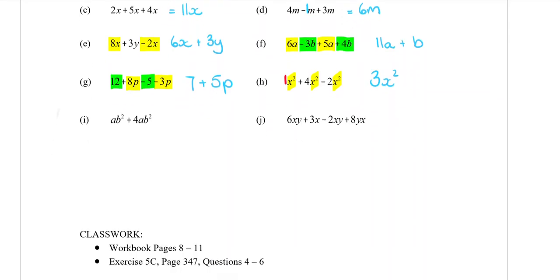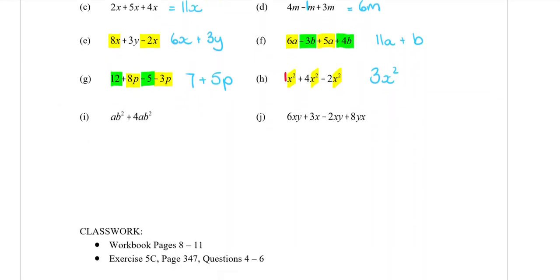Question I. AB squared plus 4AB squared. Now, they both have an A, they both have a B squared, so they are like terms. The first one would have a 1 in front of it. 1 plus 4 makes 5AB squared.